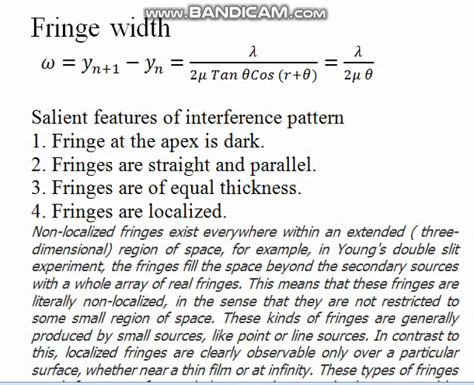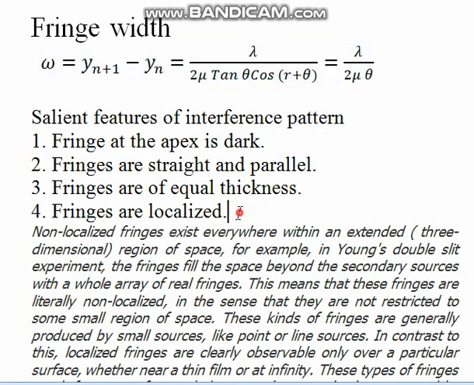The second point is that the fringes are straight and parallel. As you see, fringes are of equal thickness. In this expression you can see that it is free from t. There is no thickness term. Lambda, mu and theta are the basic parameters of the inclined film. So once the fringes are formed, the thickness of the film is equal along each.